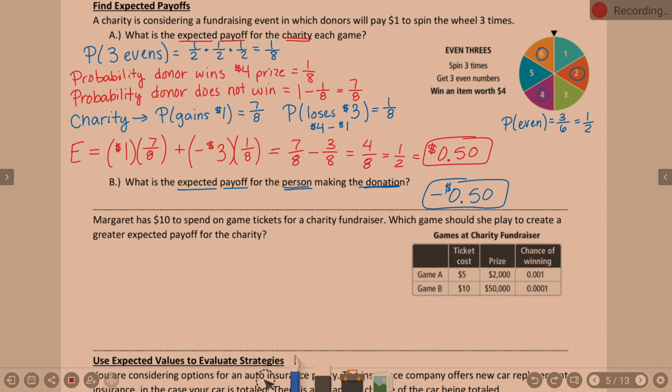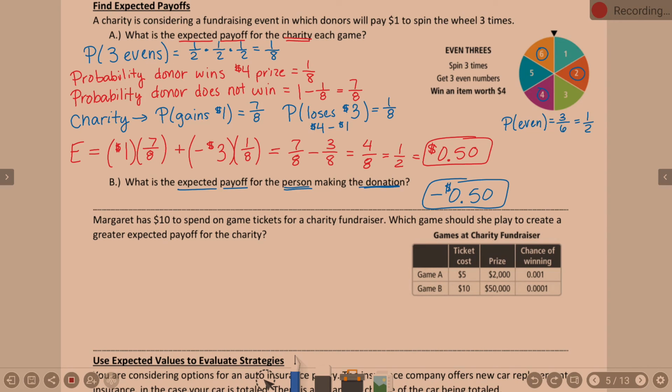In my brain, it was just the opposite. You could do 1 times 7/8 plus 3 times 1/8. If you want a formula, I didn't think about it that way.